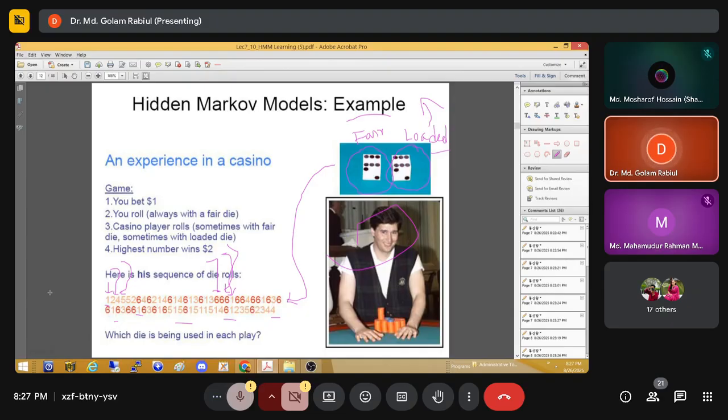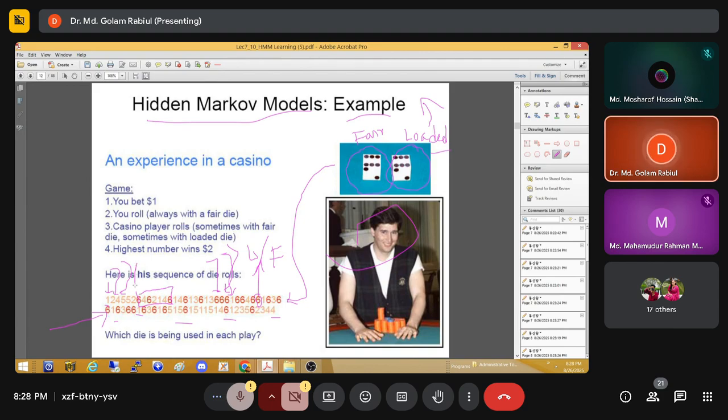So we can just observe the numbers here, but the types of die are unknown, hidden to us. If we model this problem using our hidden Markov model, we can predict for this observation whether the player used the loaded die or the fair die, or even the most probable sequence of dice used for generating this sequence.